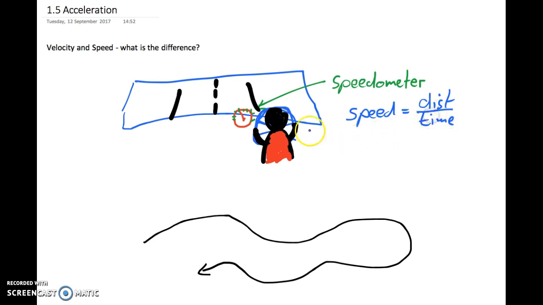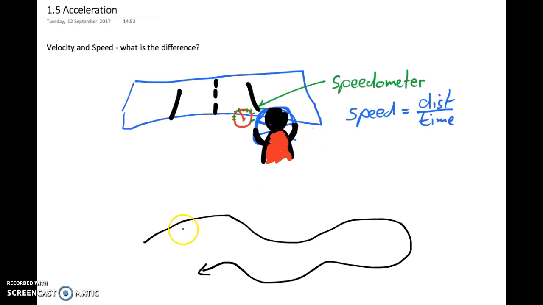So it's actually measuring this from your wheel, so it knows the radius of the wheel. It can work out how many times the wheel has gone round, so the distance you've travelled, and it does that continuously, and so it tells you your speed, instantaneous speed, as you are going along your journey.